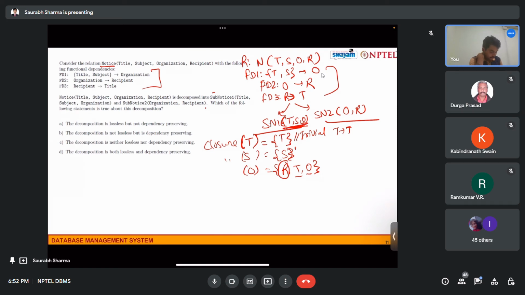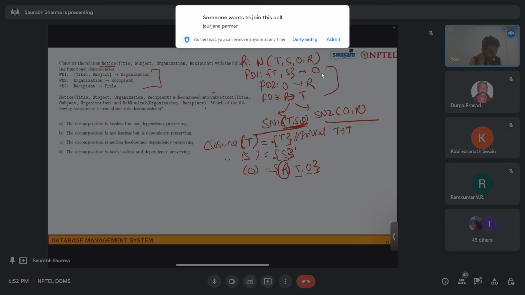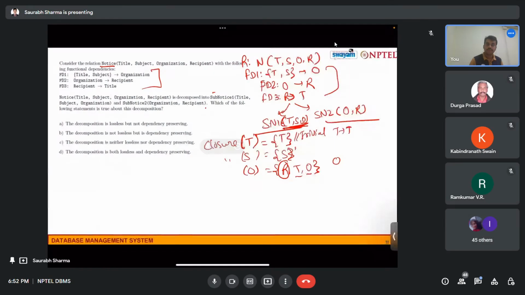Getting it? So R is not in this one. So for closure of O, we will get T, O.